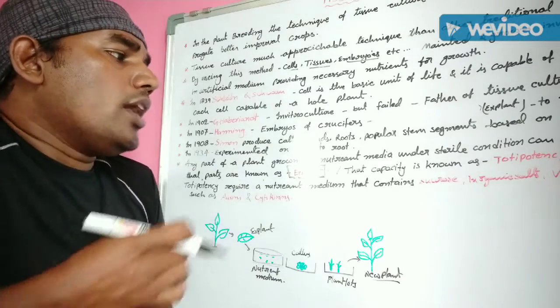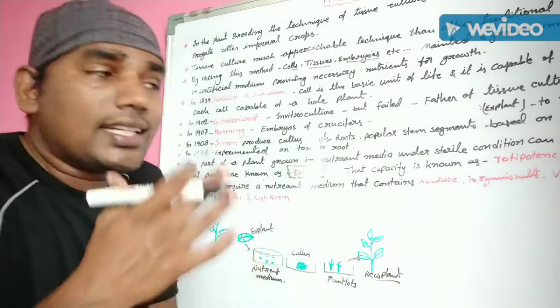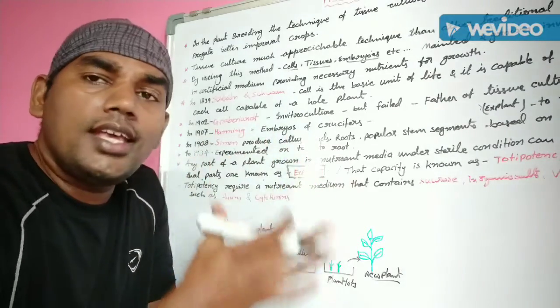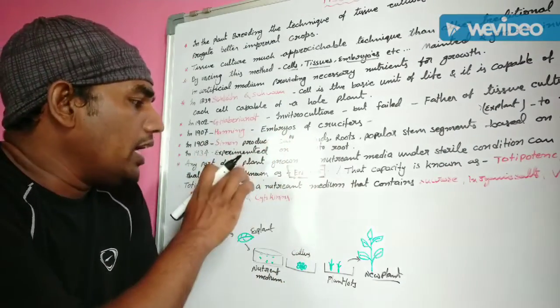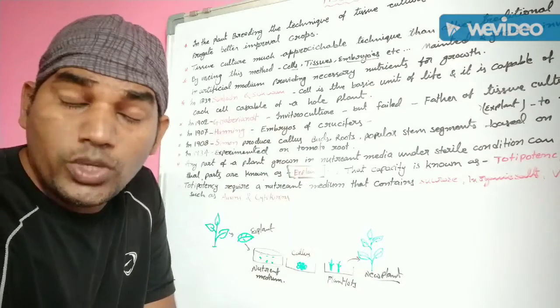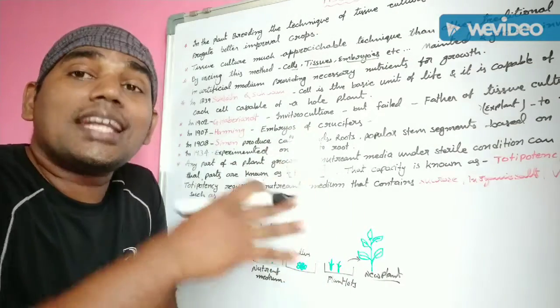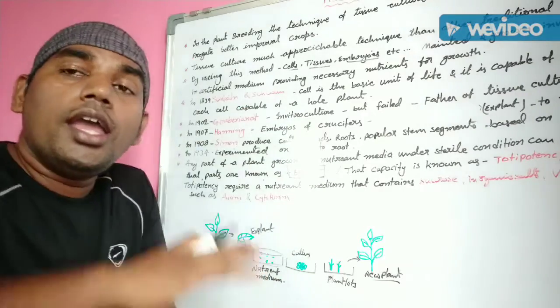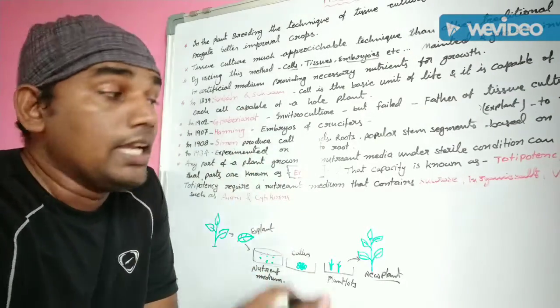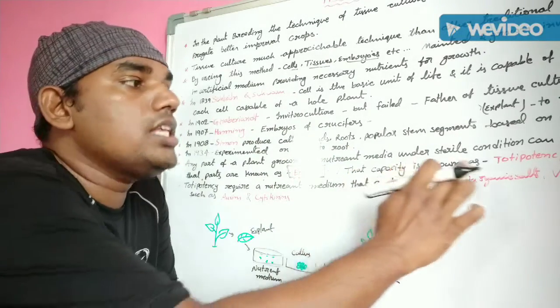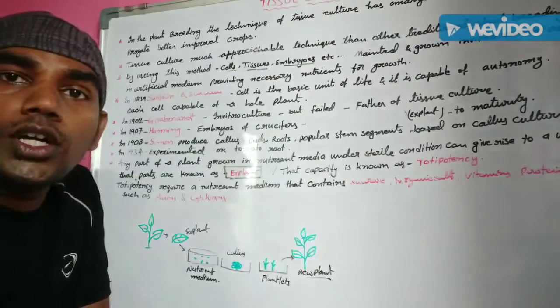Okay. Next one, the capability. That means an entire whole new plant is formed from any part of the plant. That means the plant parts have the capability to form an entire whole new plant. This type of capability is known as totipotency.